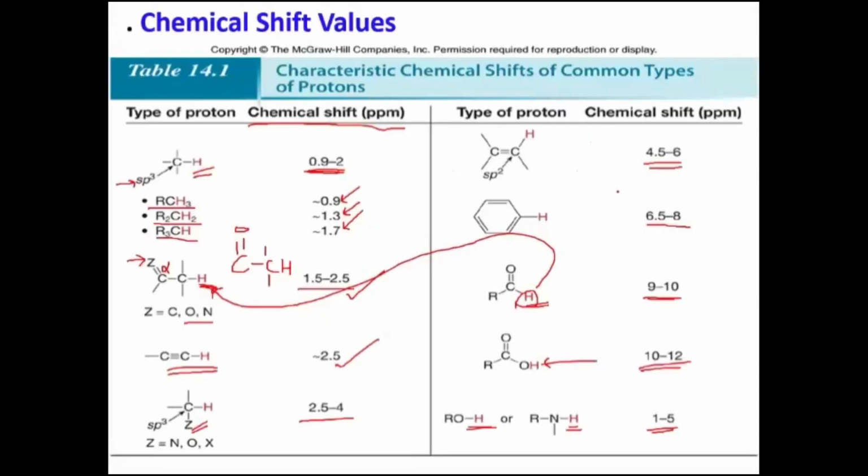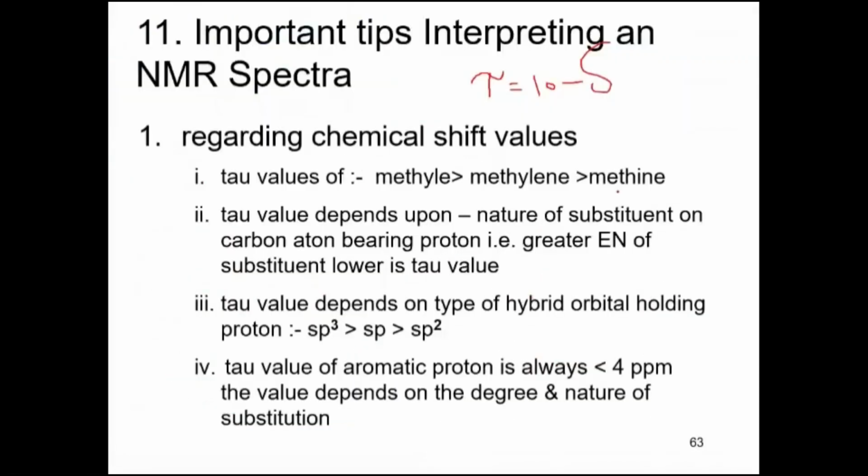So this follows this table. Tau value depends on the nature of the substituent on the carbon atom bearing the proton, that is, greater the electronegativity of the substituent, lower is the tau value or higher is the delta value. Okay, the values are exactly opposite. If tau value is larger, delta value is smaller. If delta value is smaller, tau value is greater.